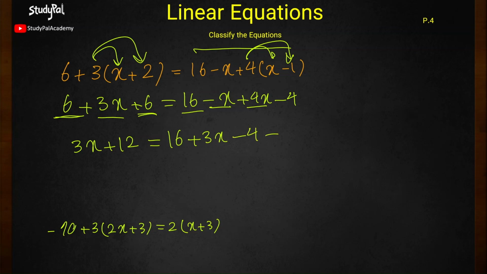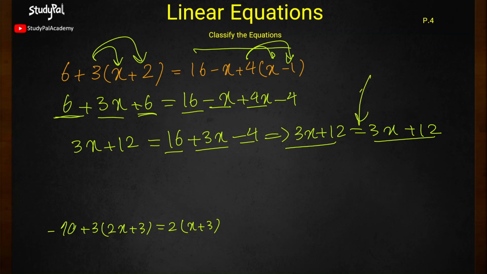So on the left hand side you have 3x plus 12. On the right hand side you have again 3x. 16 minus 4 gives you plus 12. But wait a moment. The left hand side and right hand side are equal. So this equality is always respected.